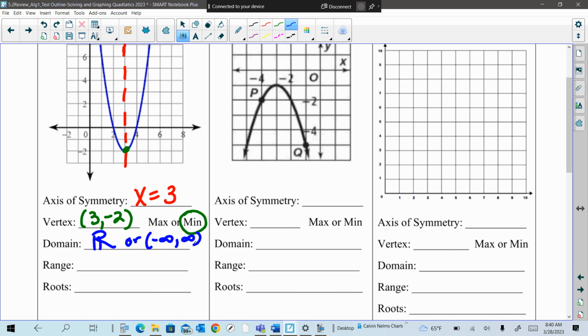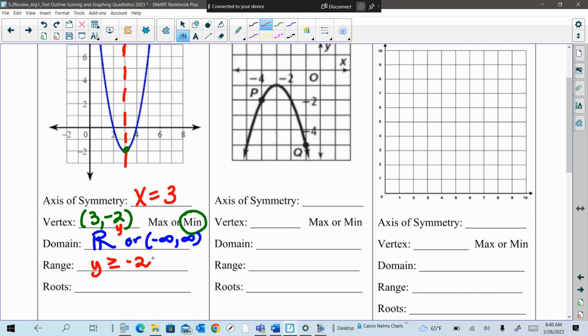Now, how do I determine the range? Because they want the range of this. Look at the lowest point. Look at our minimum here. The lowest point is where? -2. Look at that y value. So this would be y is greater than or equal to -2. And then roots.